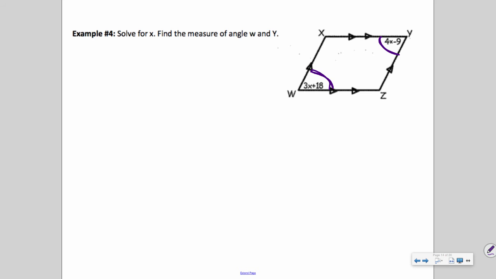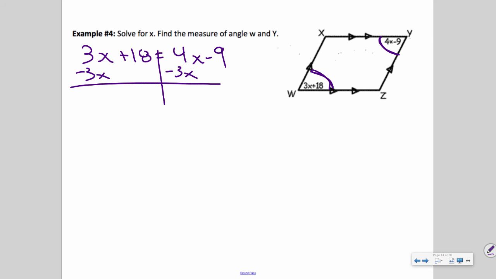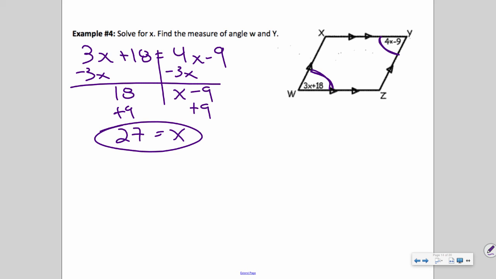So these are opposite angles. So opposite angles are equal to each other. So I'm just going to set up an equation with them equal to each other. I then solve it and I get what my x is.